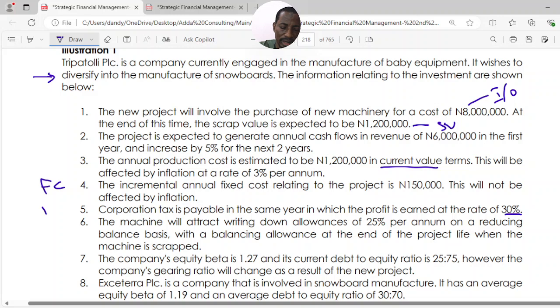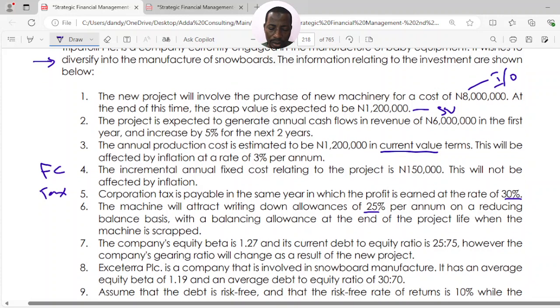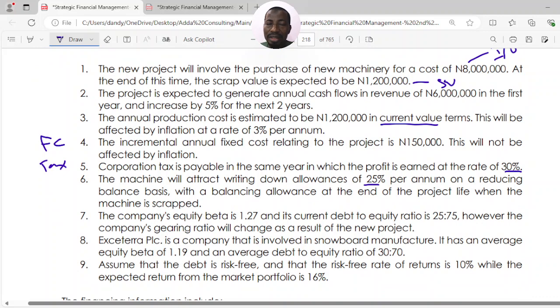So this is tax. The machine will attract written down allowance of 25% per annum on a reducing balance basis with a balancing allowance at the end of the project life when the machine is scrapped. So there's a capital allowance rate of 25% on the machinery. Examiner has mentioned that it must be on a reducing balance basis.